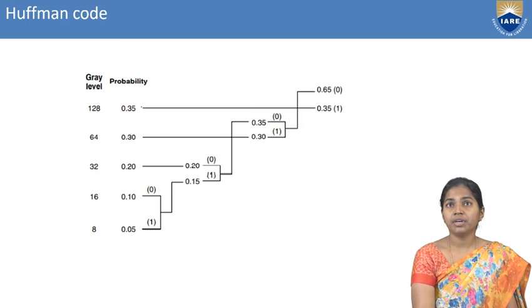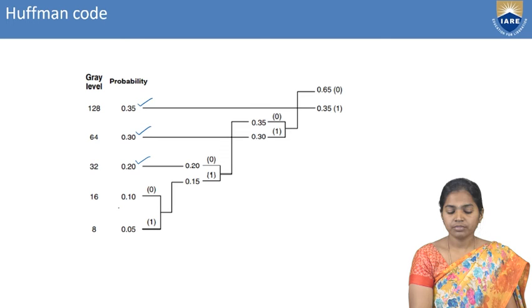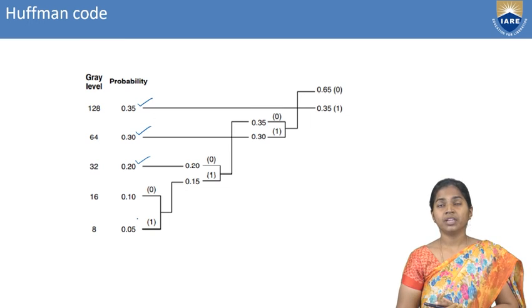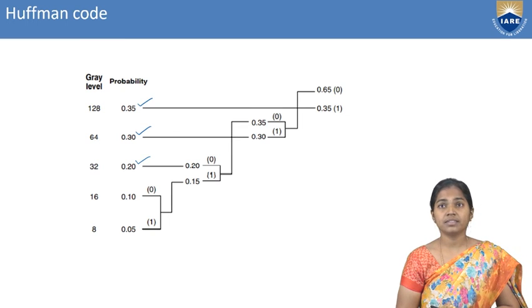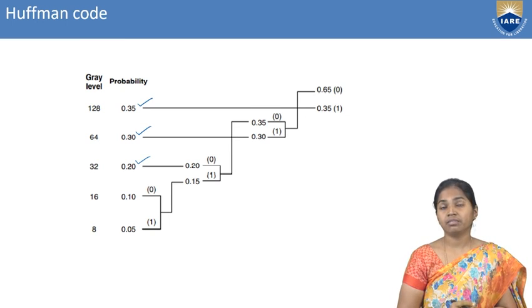Here, the probability value with gray level 128 is 0.35, for 64 it is 0.30, for 32 it is 0.20, for 16 it is 0.10, and for 8 it is 0.05. So for the Huffman code, what is the first step? First, write the gray level values in descending order of probability and add the lowest two probabilities.